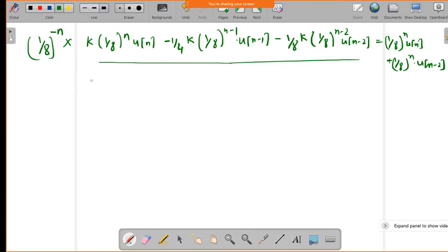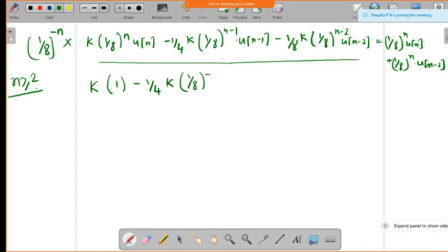So throughout the equation if you multiply, what you will get: k into 1. As I said, for n greater than or equal to 2, u of n is 1. So minus 1 by 4 into k, and if you multiply, minus n and plus n cancel and you will get 1 by 8 power minus 1. So u of n minus 1 will be 1.